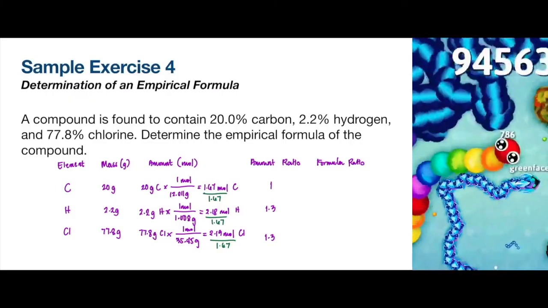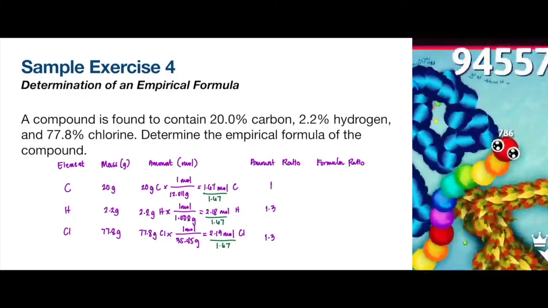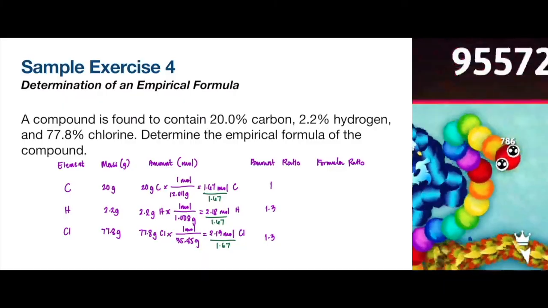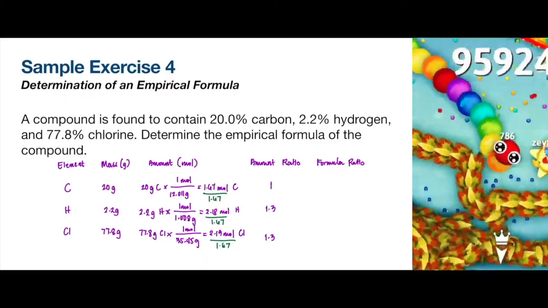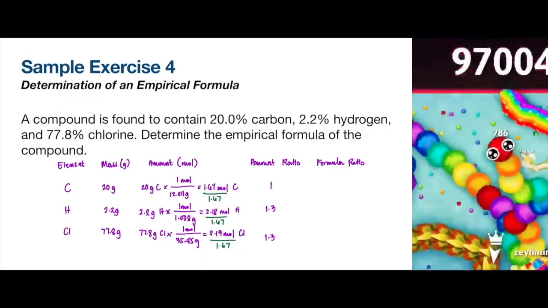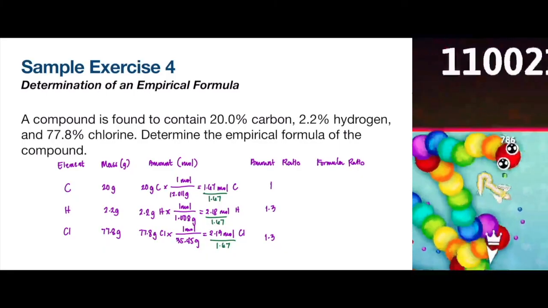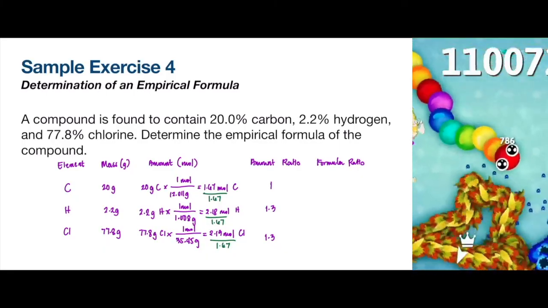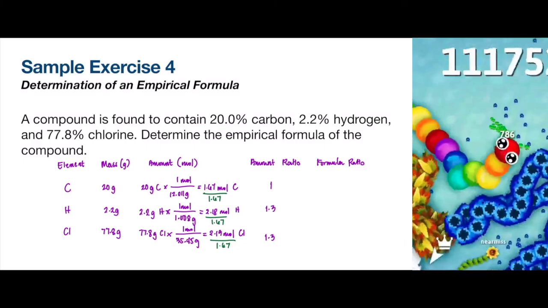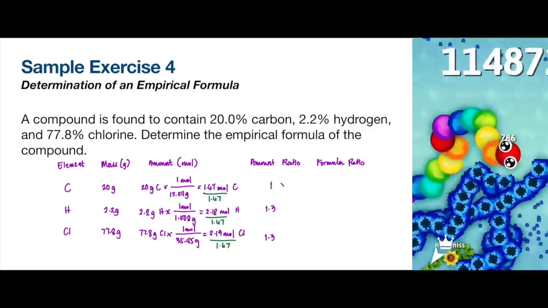As we can see, we have this decimal which is 0.3. And we cannot round it off simply into 1 or 2. Therefore, we are going to multiply it with a multiplier to make it a whole number for our formula ratio. And we're going to use 3.